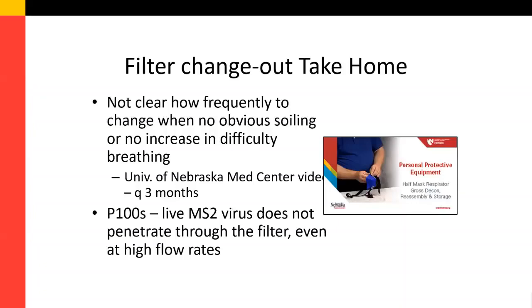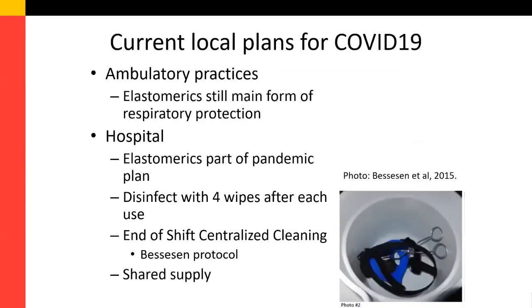There is a video by the University of Nebraska Medical Center's HEROES program where they look at elastomeric respirators, and the guidance there is to change these filters every 3 months, but I think we actually don't know how long you can go with that. With P100 filters, what we do know is that live MS2 virus does not penetrate these filters even at high flow rates. So what are we doing with COVID-19?